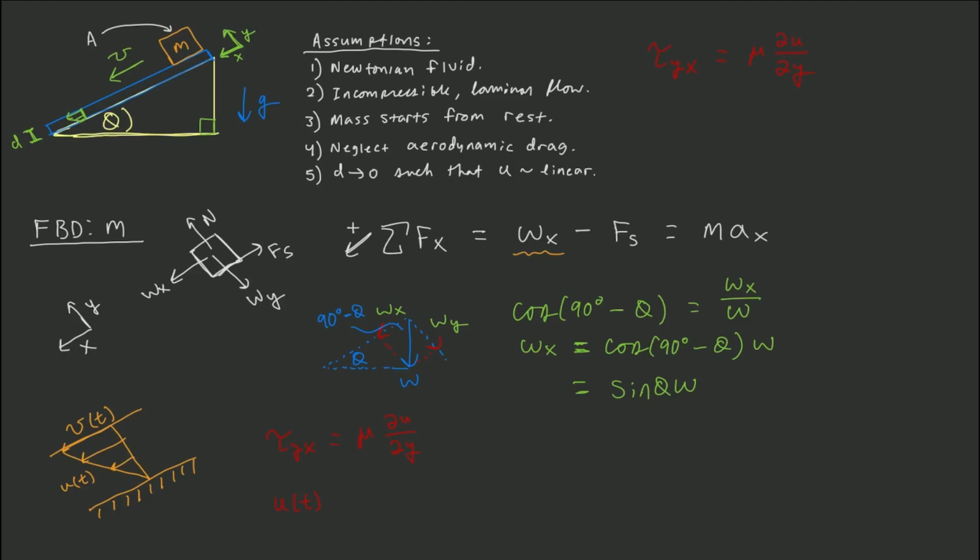So we can see that our velocity little u varies from 0 at the inclined plane to big U at the block. So we're changing our velocity, a magnitude big U, over a distance d.